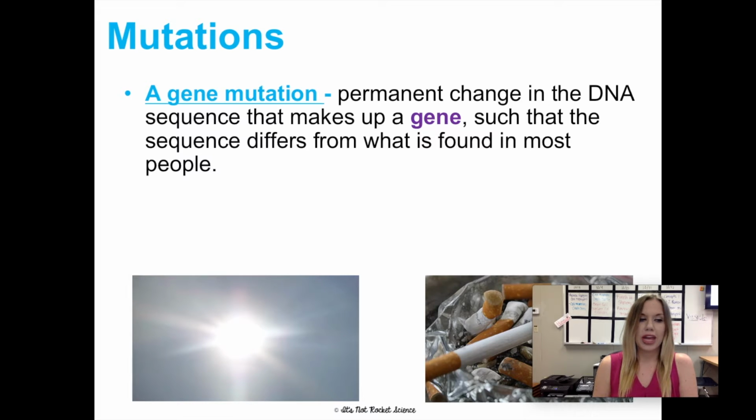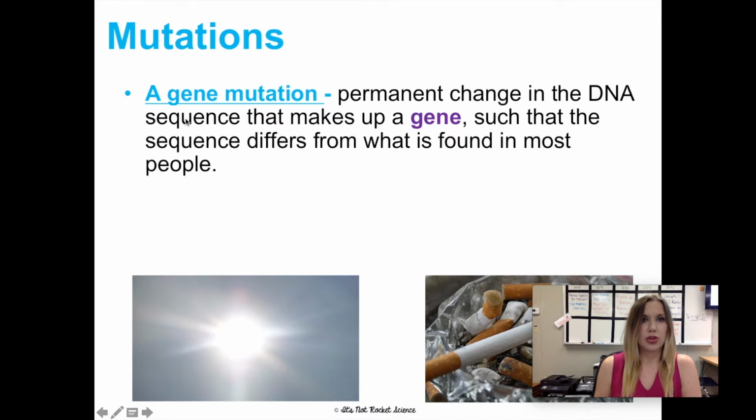Let's say we have the sequence A, T, C, G, and a carcinogen mutates our DNA and instead makes it A, G, T, C. That's going to cause a permanent change in our instruction booklet. One different nucleotide can have catastrophic changes and differences in how our genes are expressed.